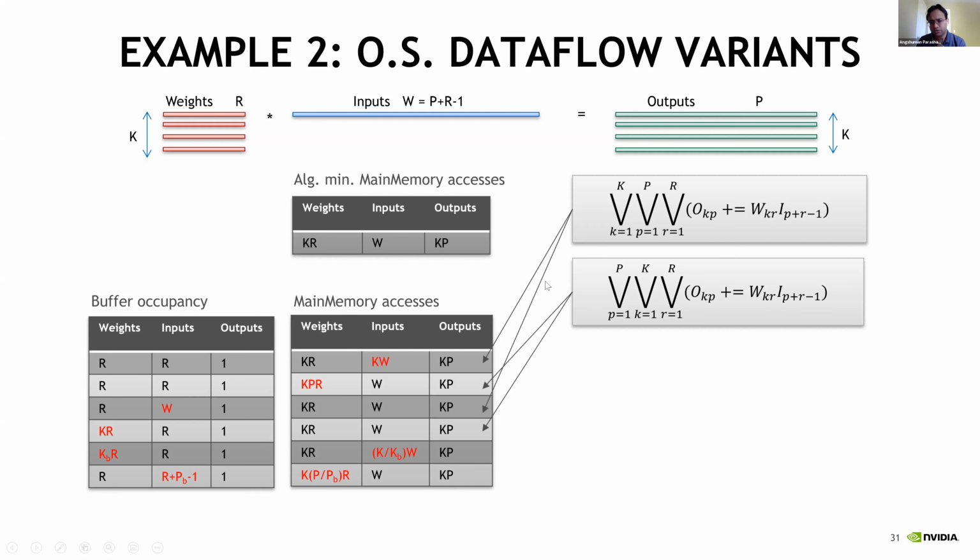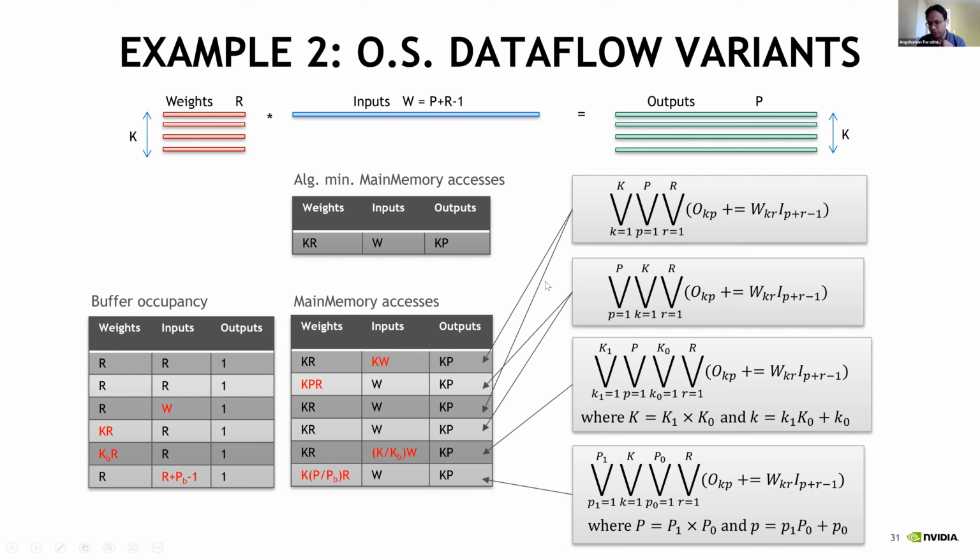And so again, please feel free to walk through all of these. All I'll point out is that they're still output stationary because the innermost loop, which is basically the innermost for all in these expressions, they're all over R. So they're all output stationary.